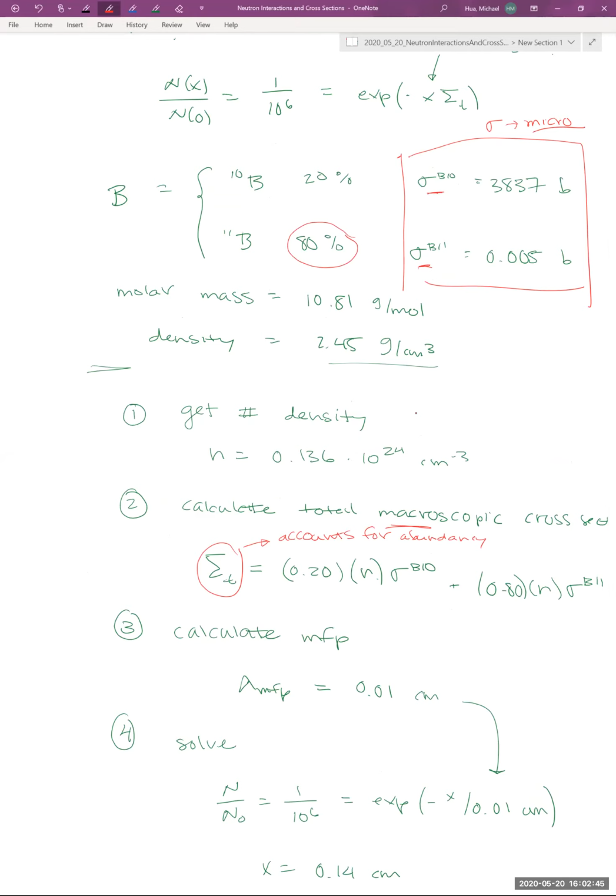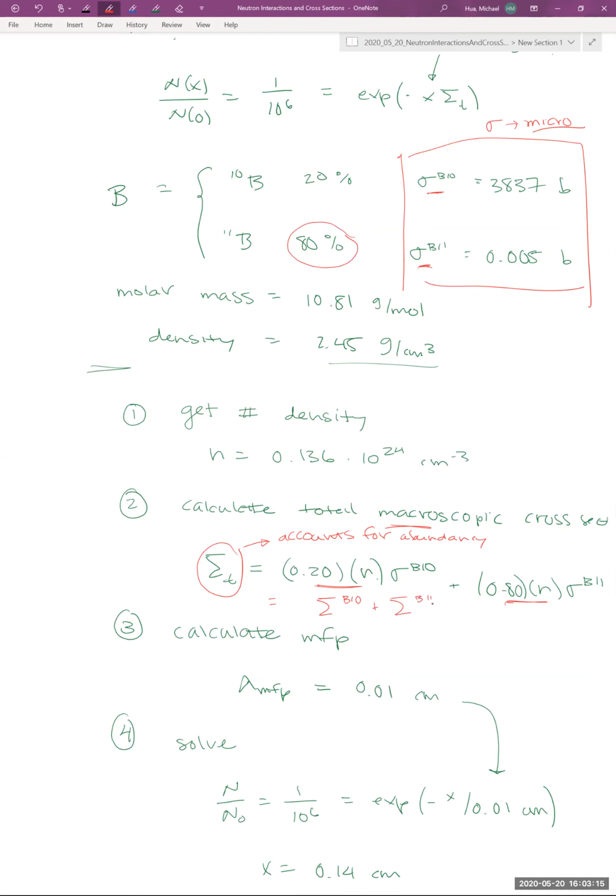The abundancy tells us that 80% of them are boron 11 and 20% are boron 10. So we're taking the density and saying, all right, 20% of it is boron 10, 80% is boron 11, and then we use this to calculate the macroscopic cross-section for boron 10 plus the macroscopic cross-section for boron 11. But that's a great question.